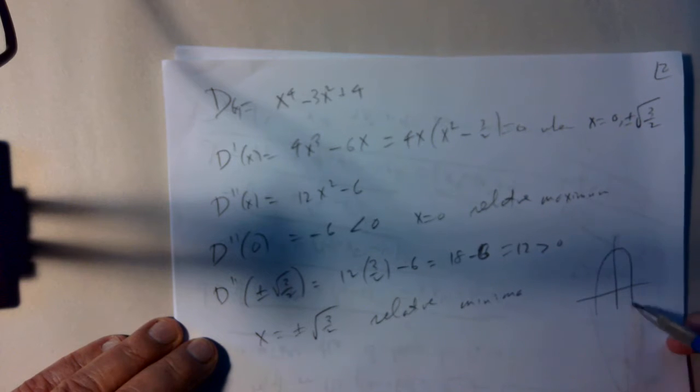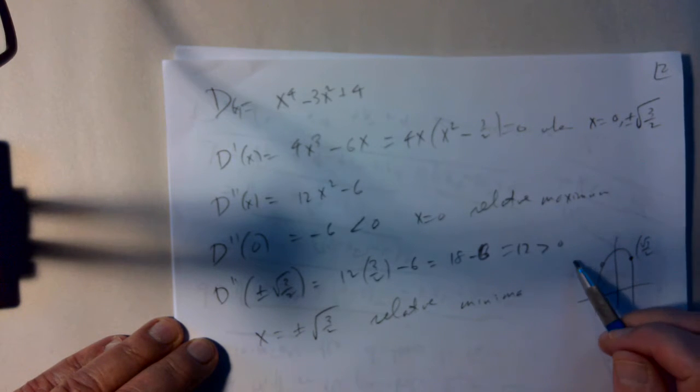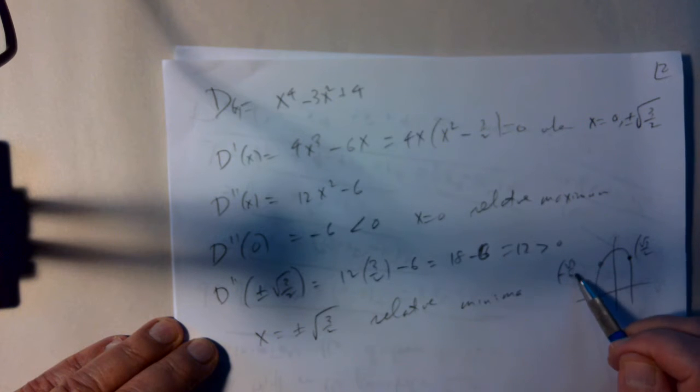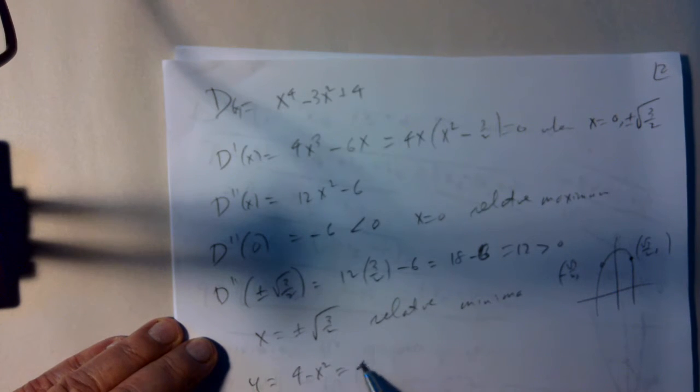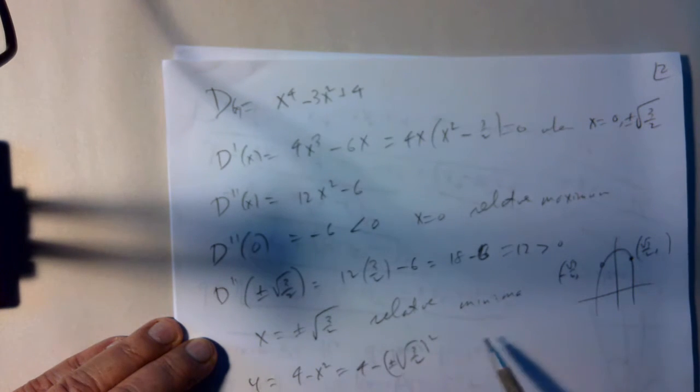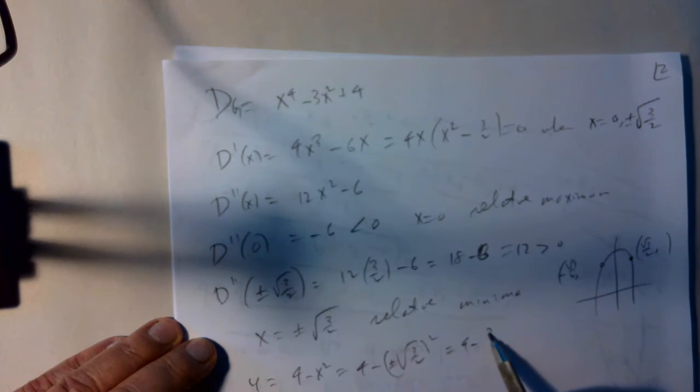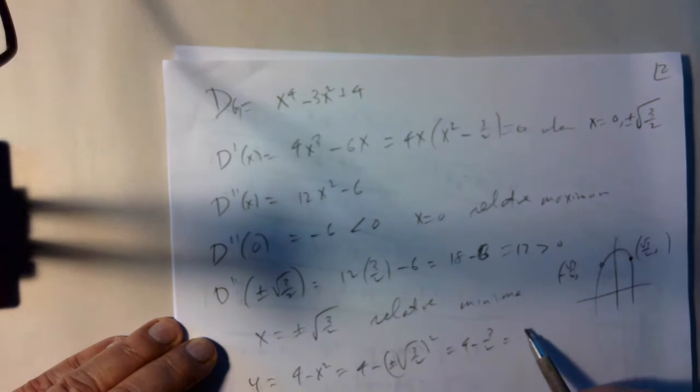So when we're looking at this parabola, at these 2 points, x equals square root of 3 over 2 and minus the square root of 3 over 2, comma y. What's the y? y for this parabola is 4 minus x squared. So that's 4 minus root 3/2 squared. 4 minus 3/2 is 5/2.